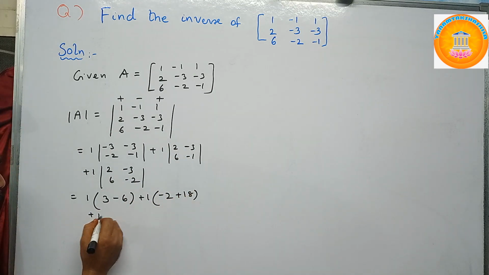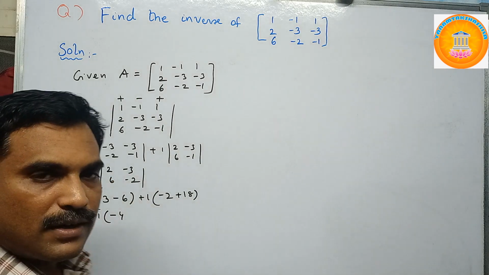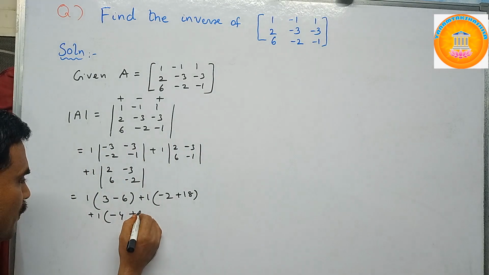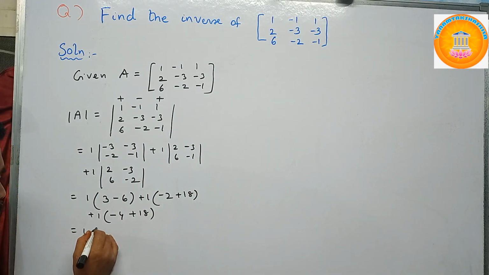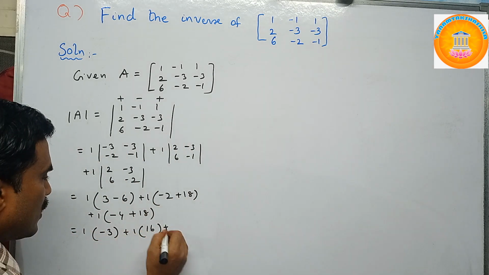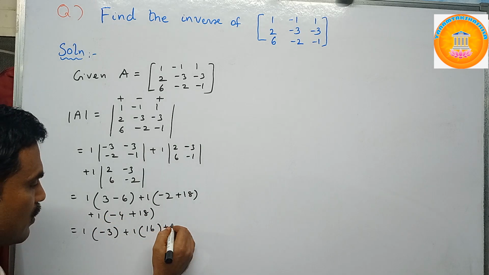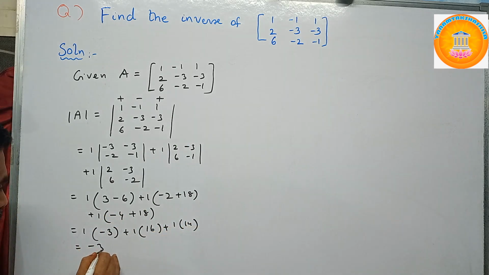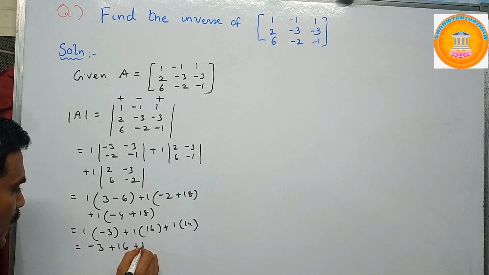Then plus 1 into: 2 into -2 is -4, 6 into -3 is -18, so one more minus will make it plus 18. So this is equal to 1 into, 3 minus 6 is -3, plus 1 into 18 minus 2 is 16, plus 18 minus 4 is 14, so 1 into 14. So we get -3 plus 16 plus 14.